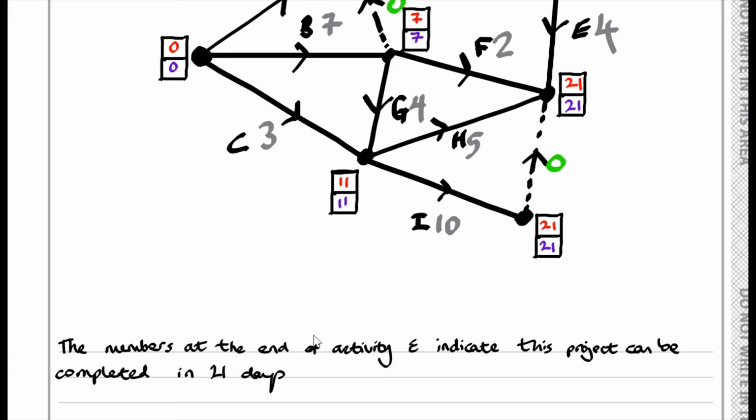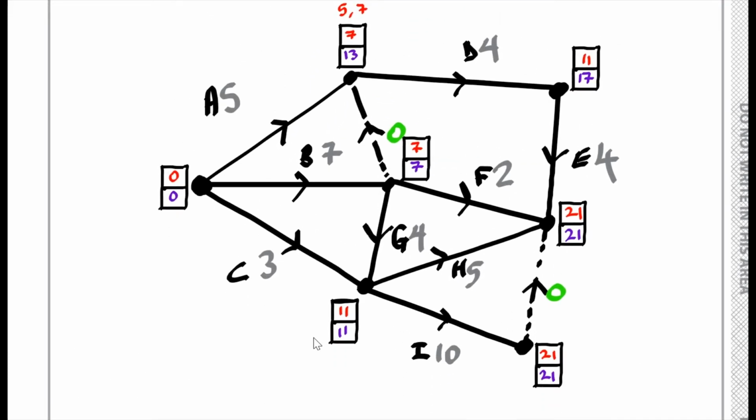And in terms of the critical activities, what's critical, if we highlight them, we have B, and then we have B, G, and then G to I. Okay. And then obviously back up the dummy as well.